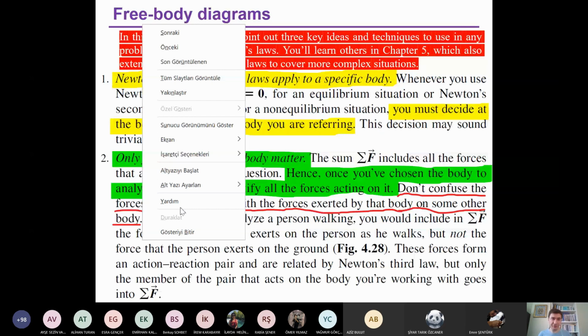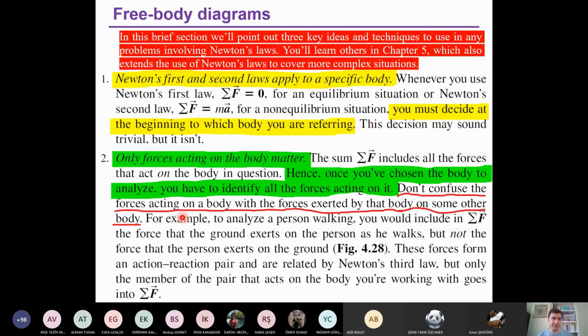Here I will show you three important ideas and techniques to use in any problems involving Newton's laws. The first one: Newton's first and second laws apply to a specific body. If the system is in equilibrium, then you have to use Newton's first law, the net force acting on the system is zero.